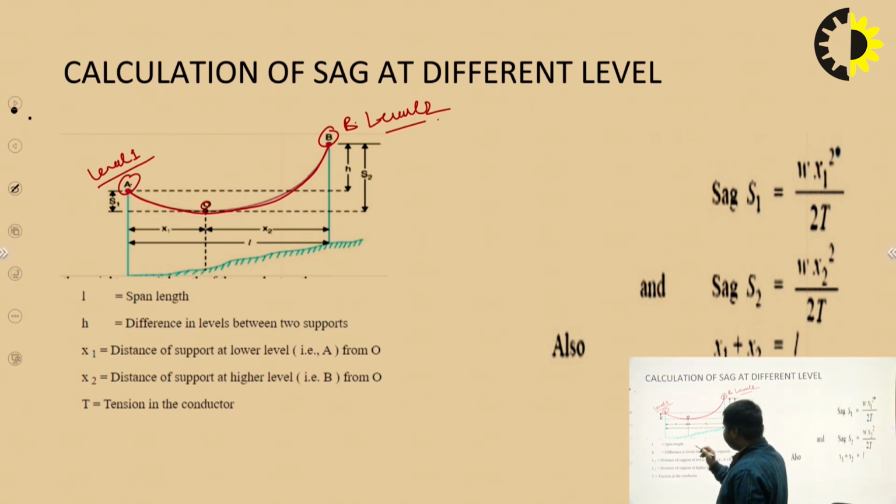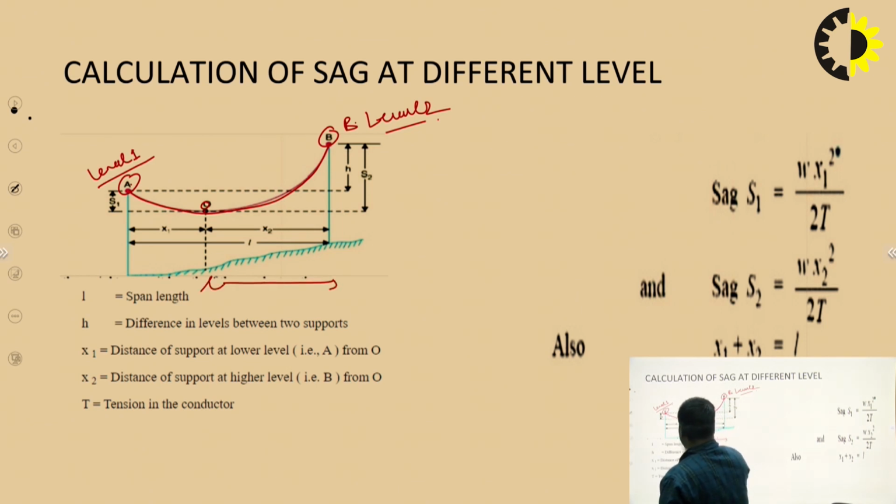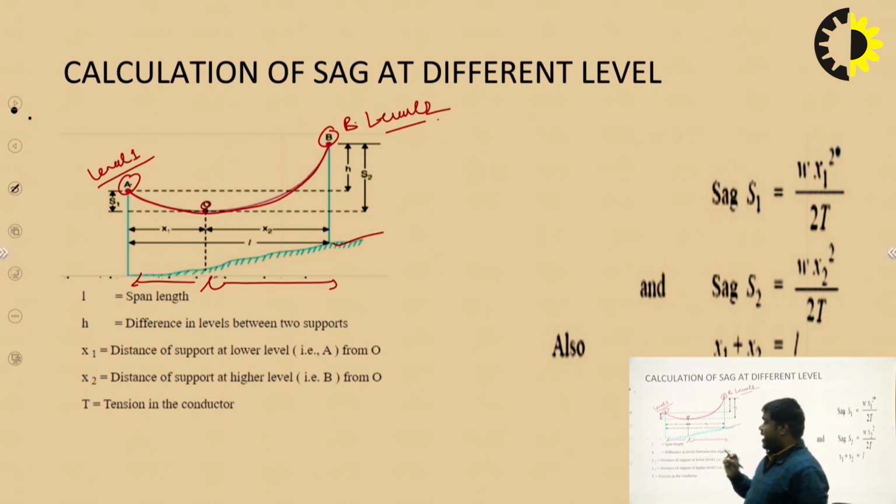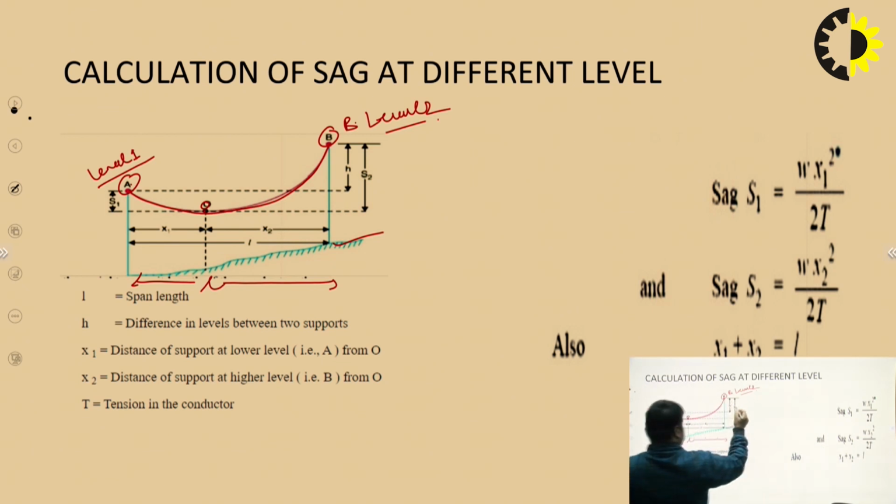L is the span length between the two supports A and B. So this is L, and H equals the difference in level between the two points. This point is B, and this is sag S1, S2.